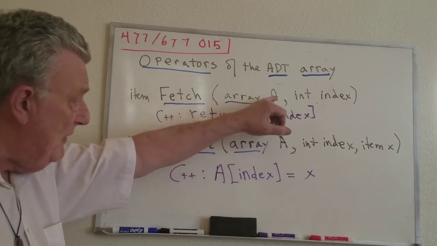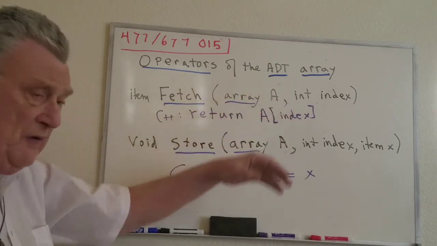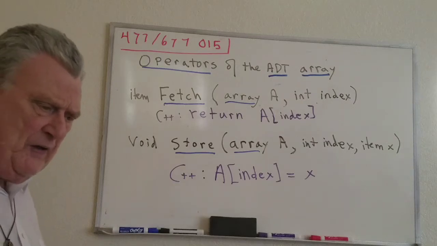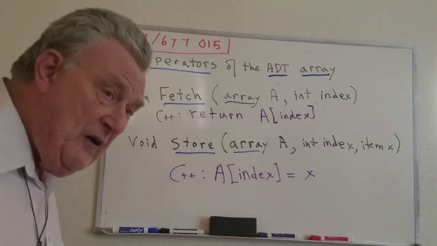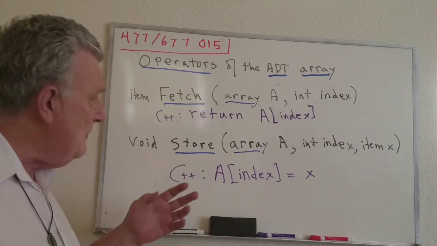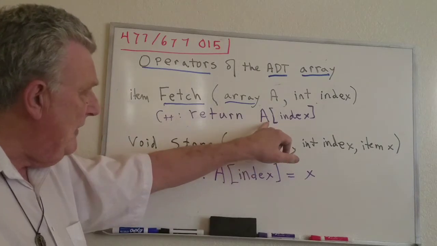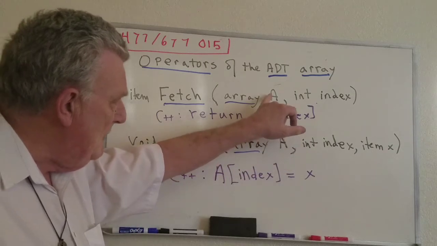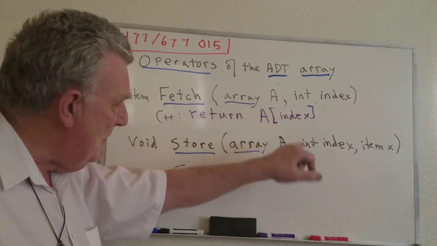So you have an array and you have an index, which is typically an integer, but if the array is something else like multidimensional, perhaps the index could be a pair of integers or a triple or whatever. But in any case, you fetch this value by inputting the name of the array and the index.